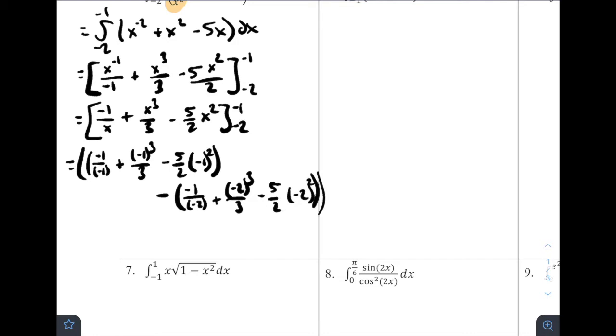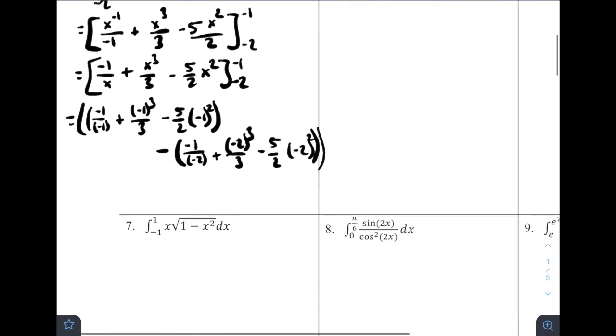So again, what have we done? We rewrote it first. We took the antiderivative, then we simplified it, plugged in -1, we're subtracting, we plugged in -2, and then we just need to simplify.